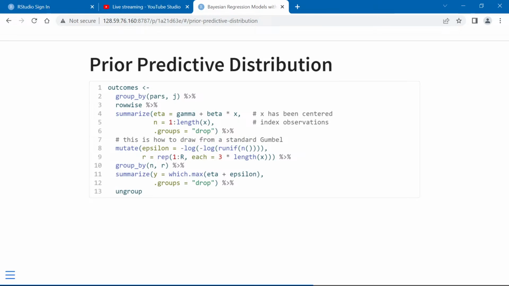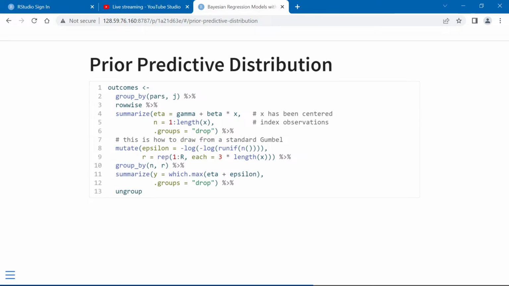And then we can group by observation and simulation and form a realization of y as to which of the 3 gives us the highest utility when we add the 3 etas to the corresponding 3 epsilons.